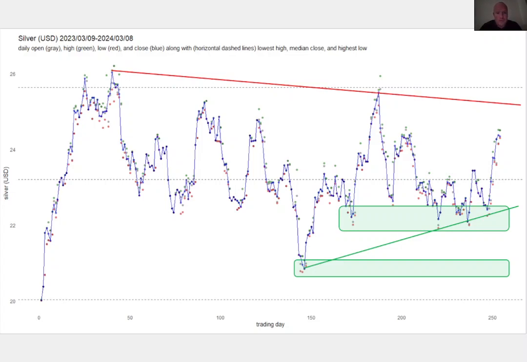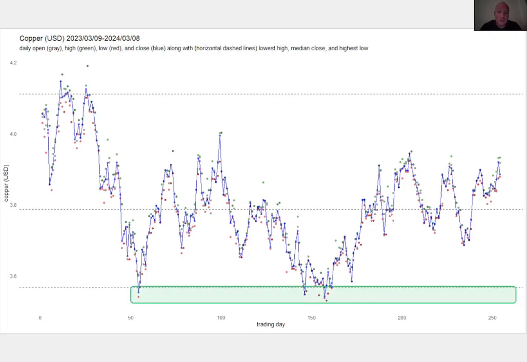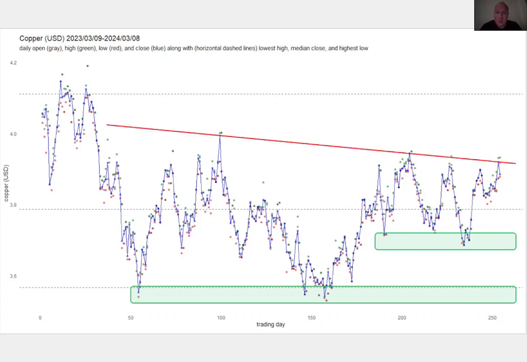Finally, the picture for copper is not that different from silver, albeit that the price levels are different. We saw somewhat of a double bottom just below 3.6 earlier in that year, and more recently also just above 3.7. However, we have not yet broken out from the lower highs pattern, similar to silver.